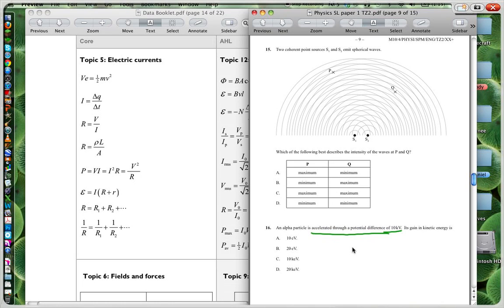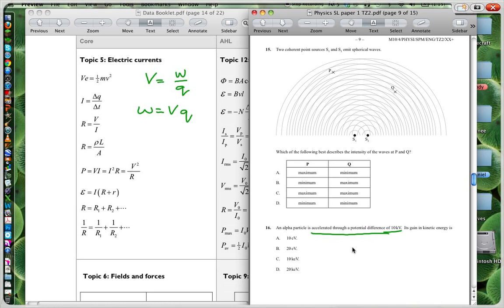Now, just remember, from your definition of potential difference, V is equal to the energy or the work per charge. So W is equal to V times Q, or the energy that it gains.